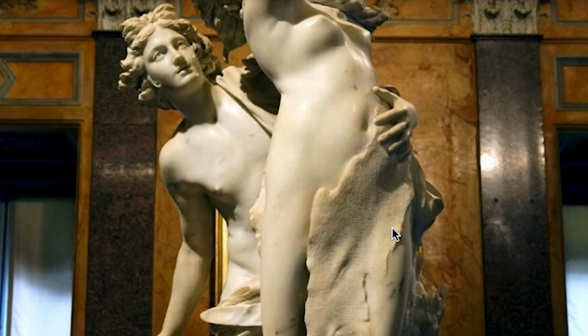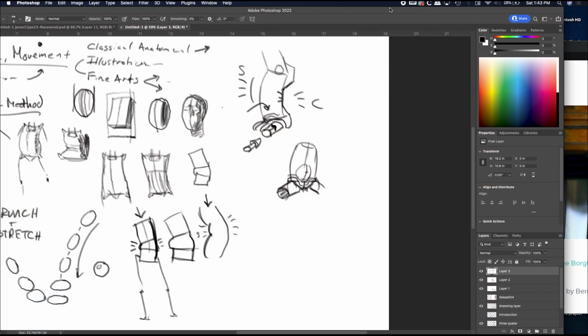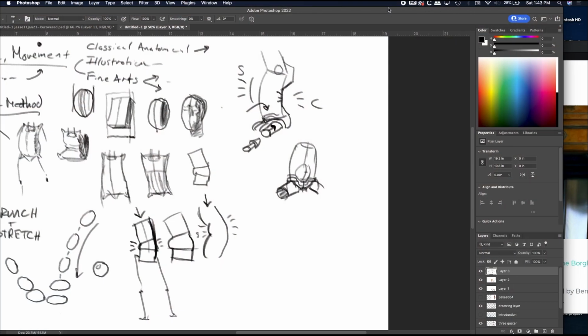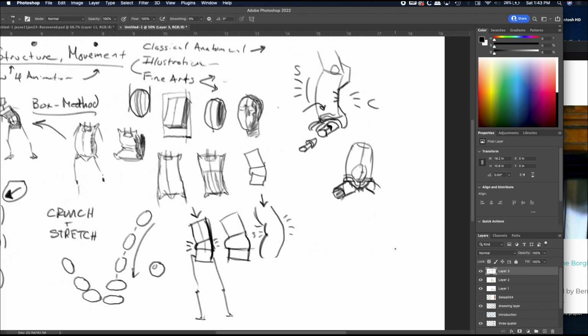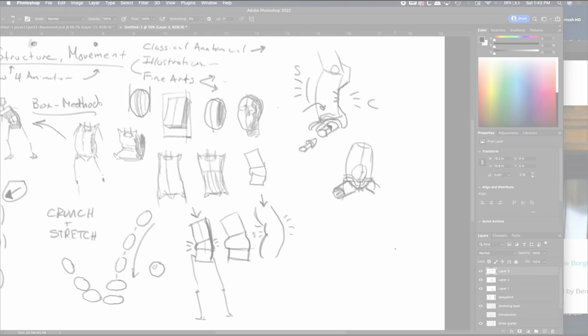So when we come back to our major masses, one of the things that I want to describe is the weight of the rib cage versus the upthrust of the pelvis, right? Because the way that I think of the pelvis is kind of like a bucket like this, with some leg holes, right?